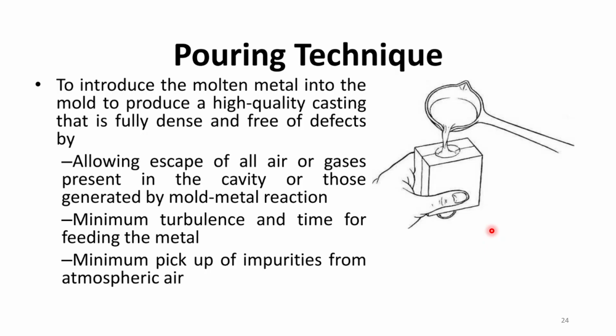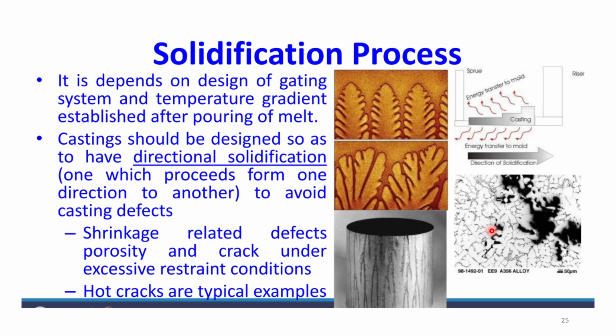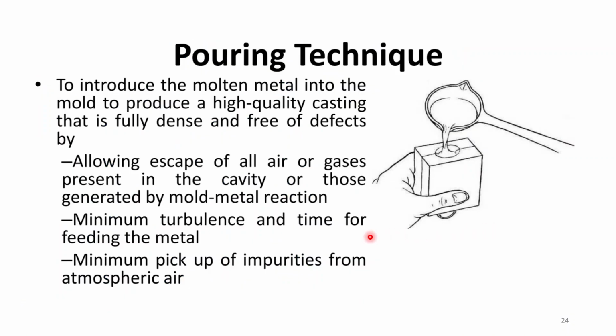That moisture might react with hot metal and produce some steam. Next is minimum turbulence and time for feeding the metal, and next is minimum pickup of impurities from the atmospheric air.